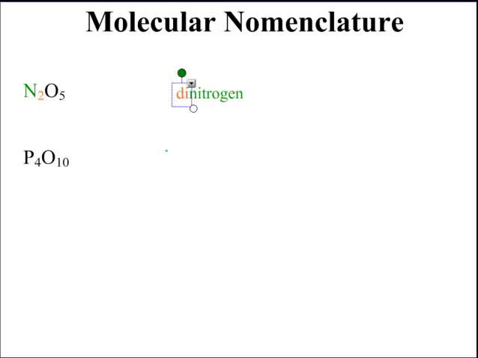We're going to put the prefix for 5. That's the prefix penta. And then we're going to name the element O. We're not going to use the whole name for O. We're going to use the ending IDE on it, so that's going to turn into oxide. We're always going to use the IDE ending for molecular compounds.